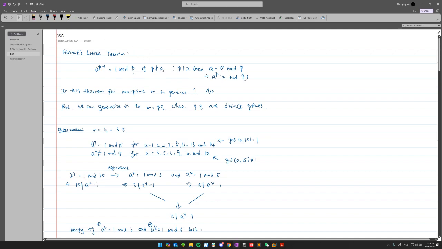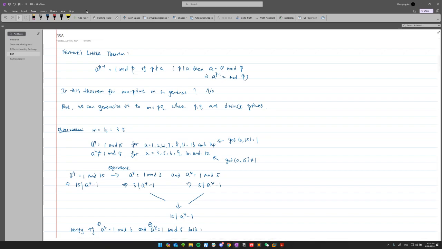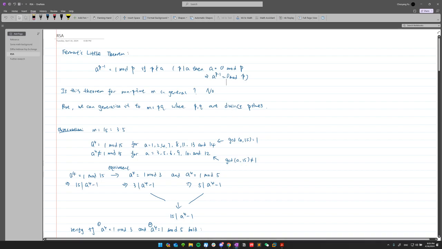Of course, this only holds for the case that p does not divide a, because if p divides a, you will have a equals 0 mod p, and a raised to any power is still 0.